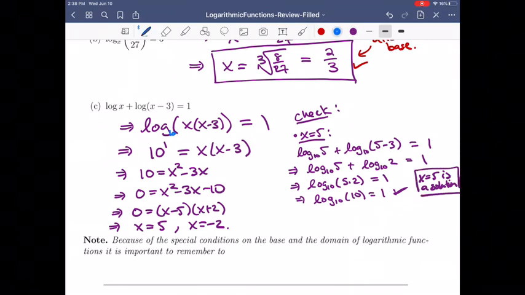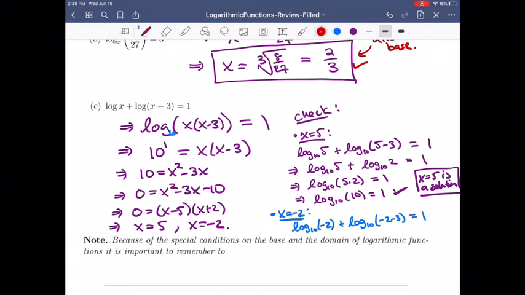I'm going to switch colors here. Now what about x equals negative 2? I would have log base 10 of negative 2, so of x, plus log base 10 of negative 2 minus 3, and I'd want that to equal 1.